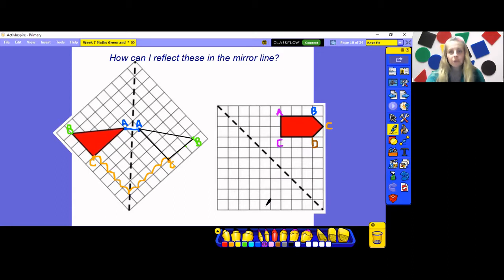Okay. Oh, change colour. So let's have a look. Green one will do. Oh, that's the wrong colour. Okay. So once again, this time I haven't turned my paper around. I'm still going to use the same strategy as before. Now, if you look at E, it's the closest to the line, so I'm going to go with that one. So I've got a whole grid square here, then half, and I've got another half, and then a whole.